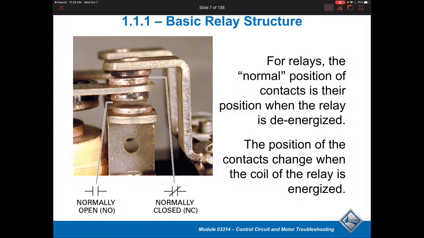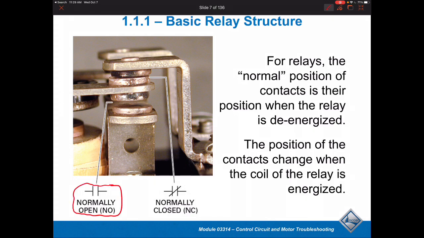With relays and contactors, it's fairly basic and self-explanatory. It's almost like the fail-safe or normal position of those contacts when the relay is not energized.